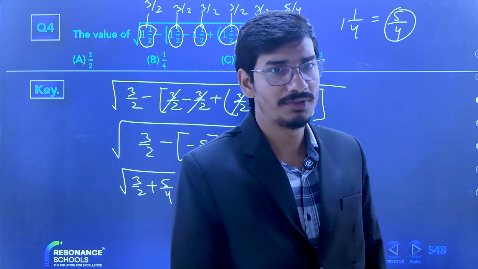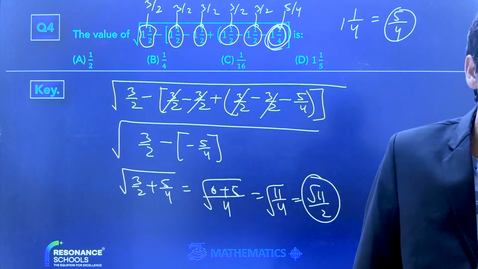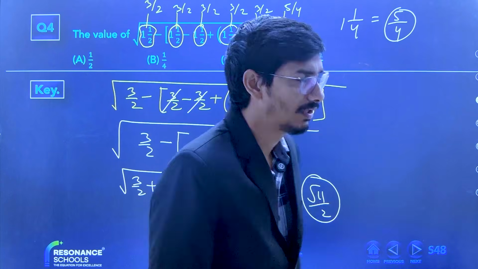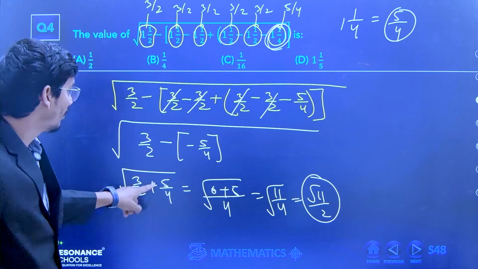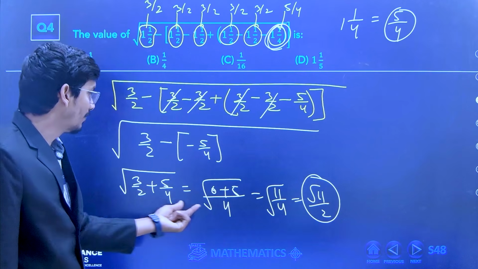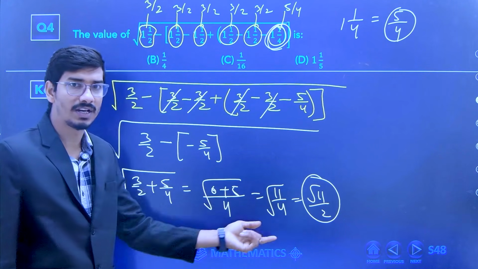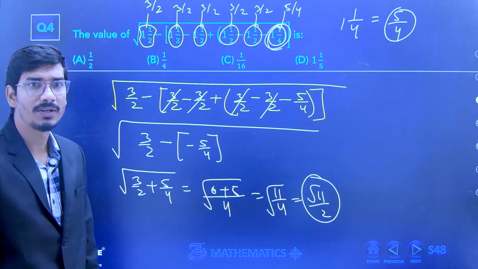Okay, so let's come to the next problem. When we add 3 by 2 and 5 by 4, the LCM is 4, this is 6 plus 5, that is 11 by 4, that is root 11 by 2.